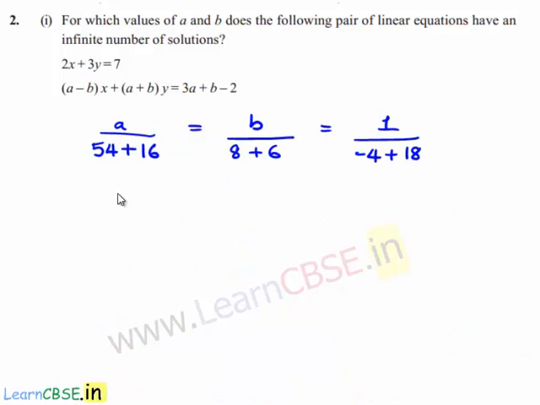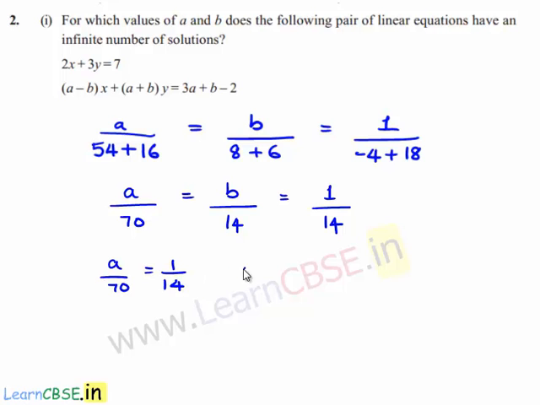So we get a by 54 plus 16 is nothing but 70 is equal to b by 8 plus 6 is 14 and this is equal to 1 by minus 4 plus 18 is 14. So we can write a by 70 is equal to 1 divided by 14 and b by 14 is equal to 1 by 14.